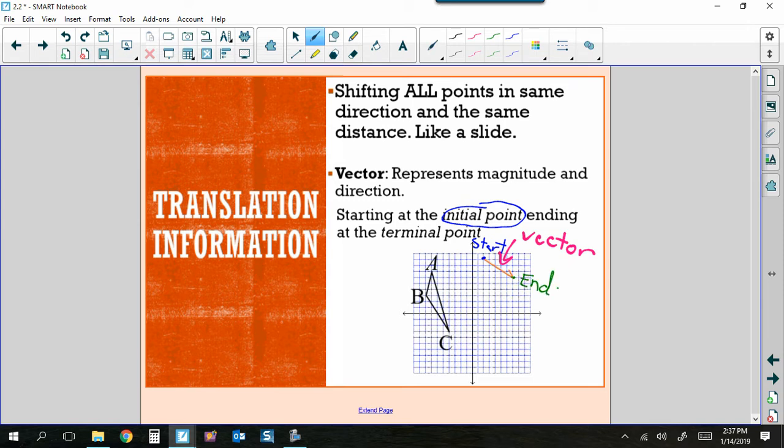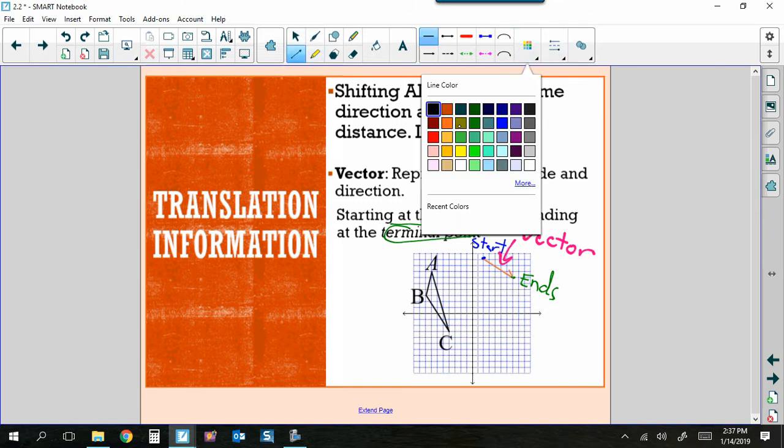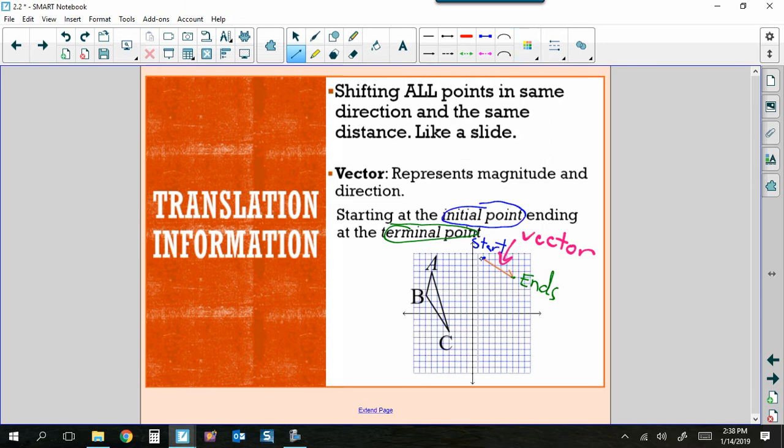Your magnitude can almost be thought of as the slope or the rise and run. So for example, in this one, we are going to go down 3 and over 5.